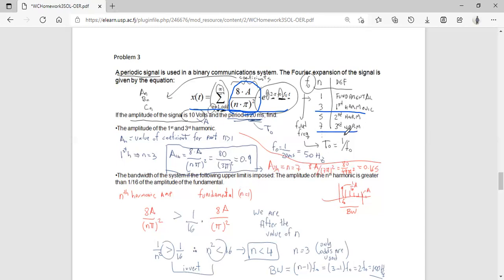So when you substitute n equal to 7, that will be 80 divided by 7 times pi squared, which is 49 pi squared, equal to 0.165. So this is the amplitude of the third harmonic, and this is the amplitude of the first harmonic.